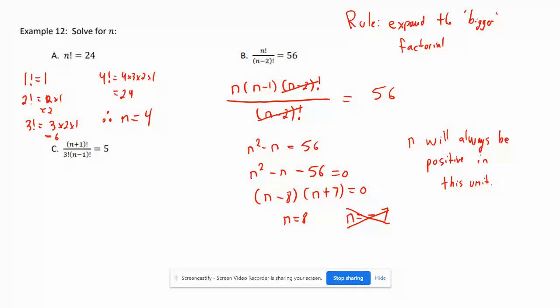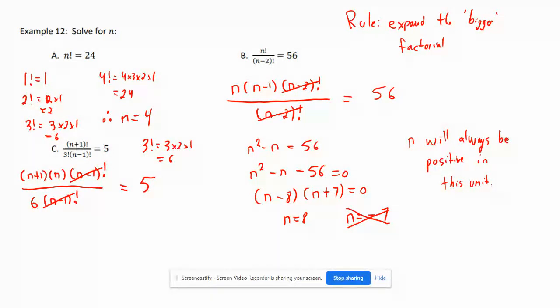Well, n plus 1 is going to be bigger. So when I say expand that, what I mean is n plus 1 factorial is n plus 1 times n times n minus 1 factorial. What's 3 factorial equal? 3 factorial is 3 times 2 times 1, which is 6. So that's going to be 6 times n minus 1 factorial. And these two cancel out like this.